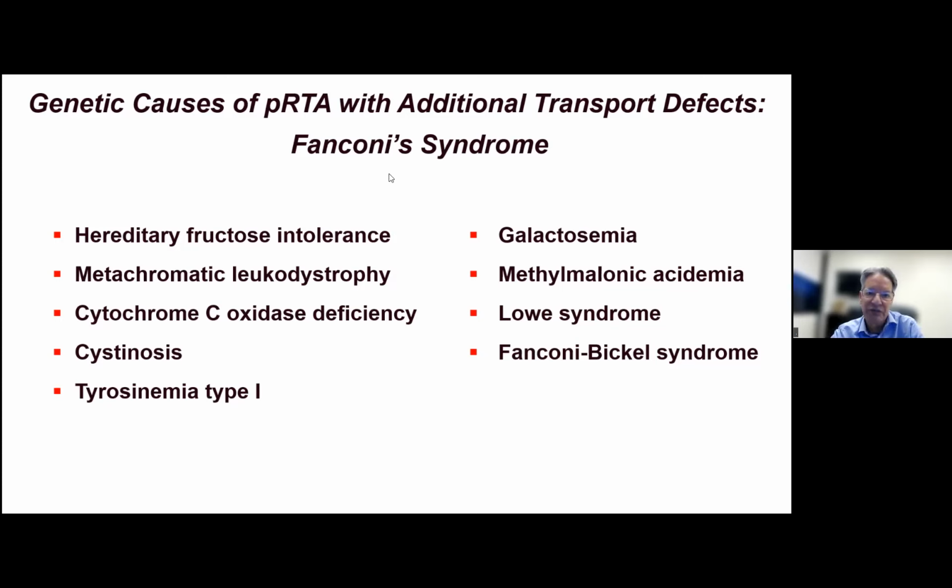If you only have bicarbonate transport abnormality, you don't call that Fanconi syndrome. And these are different syndromes due to different mutations in different proteins that we'll talk about separately. And remember, the proximal tubule doesn't only reclaim bicarbonate, it also reclaims phosphate, amino acids, a whole slew of things, any of which, depending on the syndrome, can be impaired.